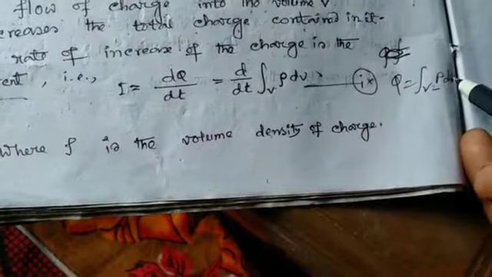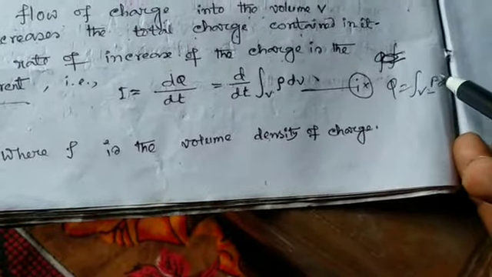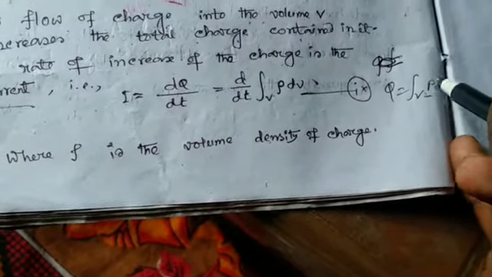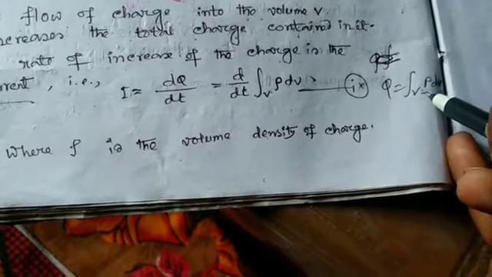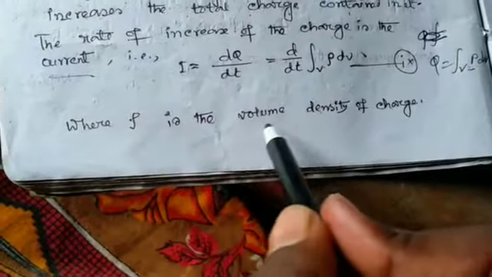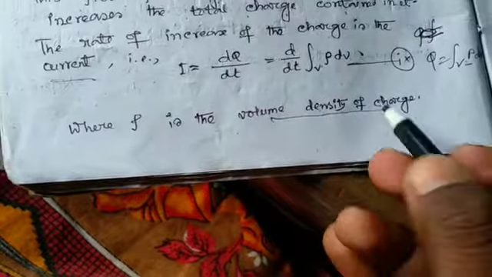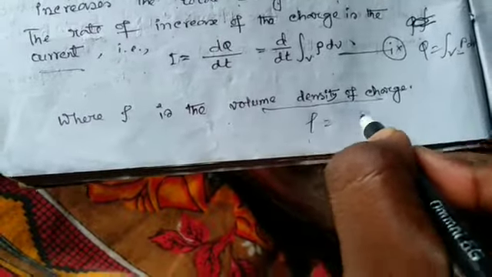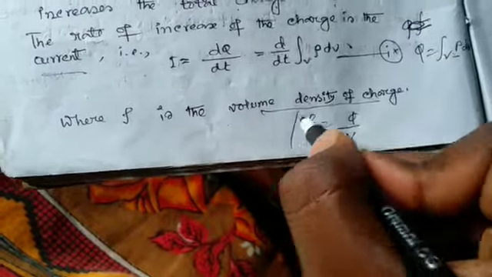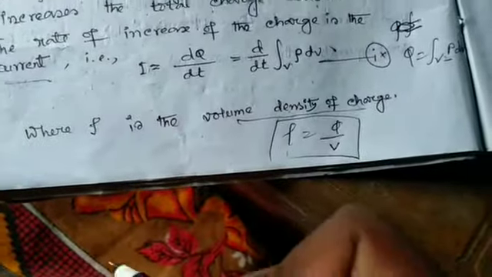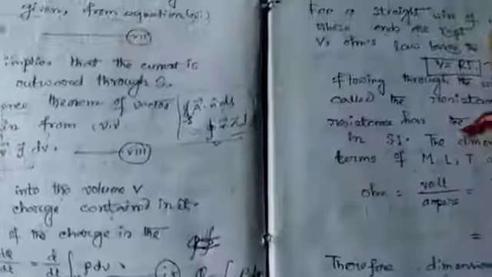What is rho? Rho is the volume density of charge, that is charge per unit volume. Clear?